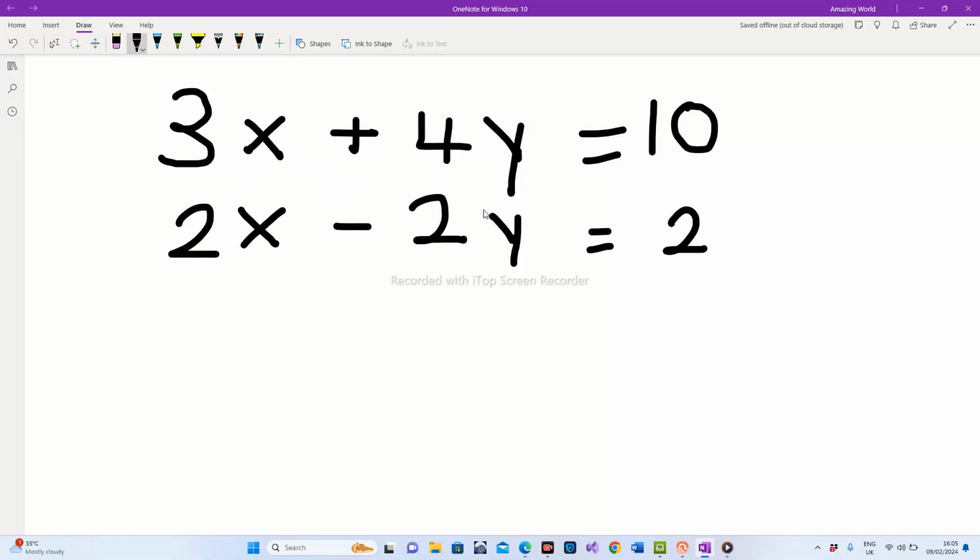Just find a way to make any of them the same. Anyhow, you can make these 2 to be 4 and 4, or make these 3 and 3, or 2 and 2. Just make it the same, then it will be very easy to eliminate. So my beautiful people, this is very similar to the questions we have been solving above.